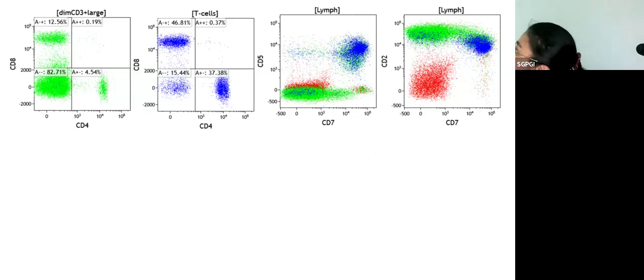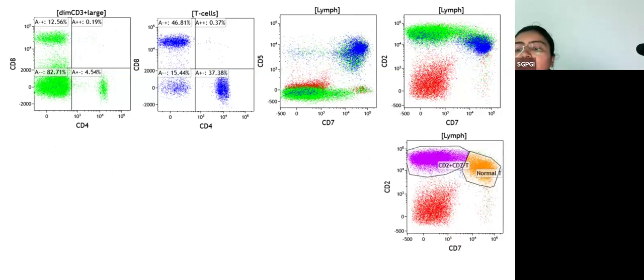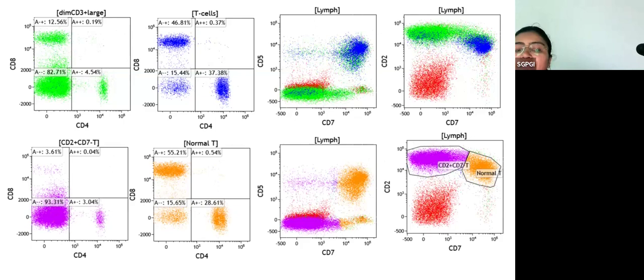Very few of them express a dim 7, while they are very bright for 2. So based on the CD2 and 7 expression, can we separate or tease out these populations further? We can, right? So 2 positive, 7 negative cells, and the normal T cells. And if we have a look at all these markers, now the 4-8 split seems to be more in favor of dual negativity for our abnormal population, right?